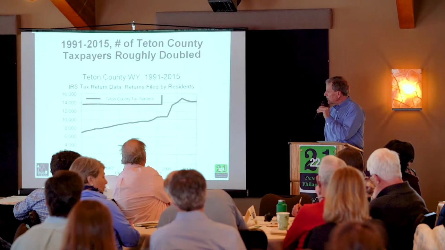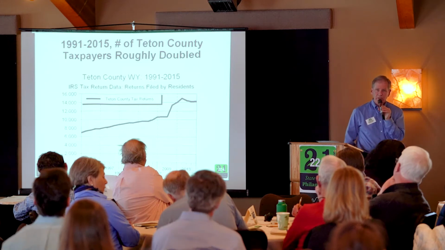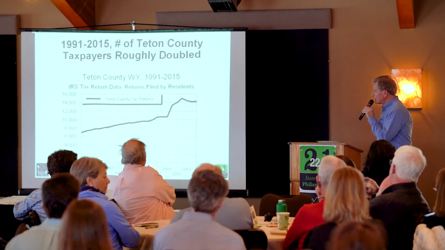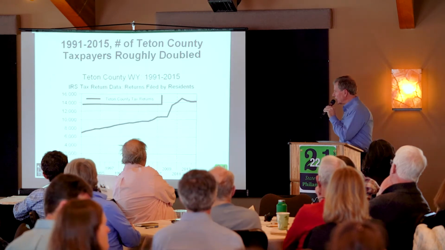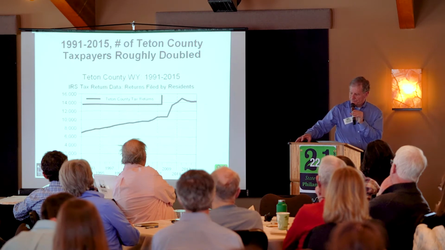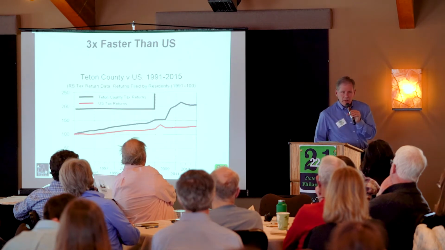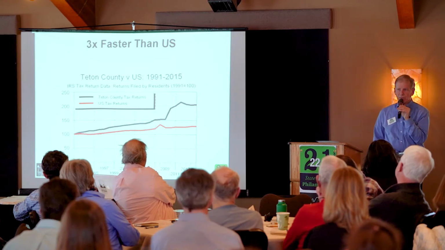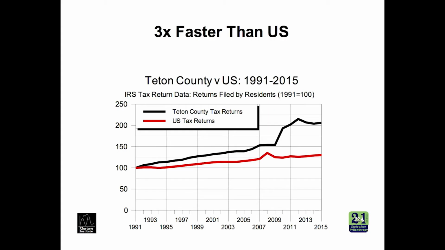So if you go back to 1991 and you look at the number of tax returns filed in Teton County, Wyoming, there were about 7,000 filed in that year. And in 2015, we about doubled that. That rate of growth was about 3 times faster than the number of returns being filed by American citizens as a whole, or residents of America.